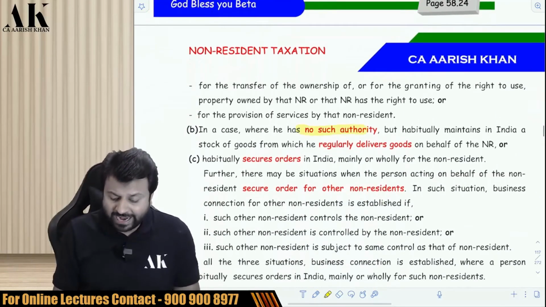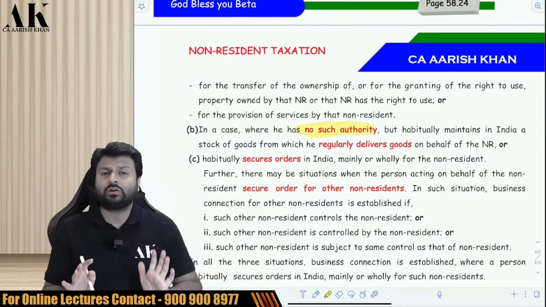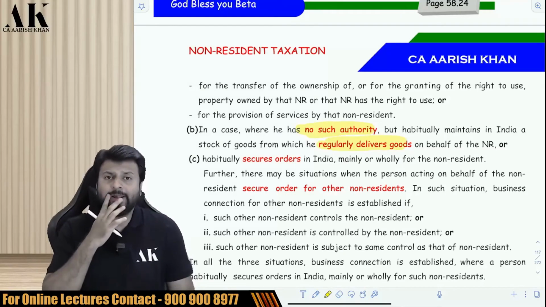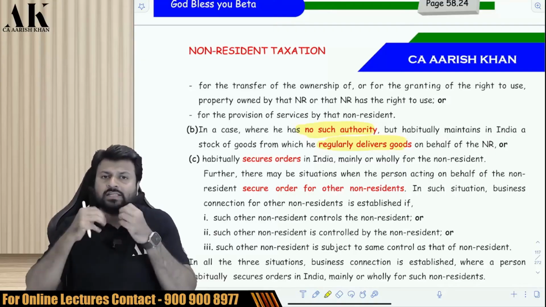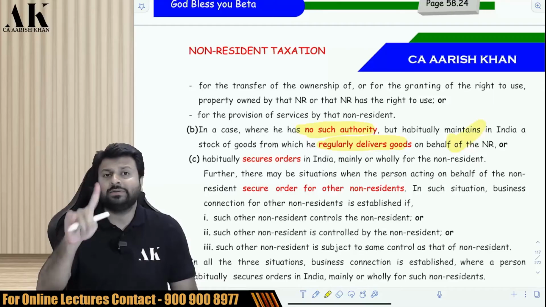Secondly, if that agent does not have any authority to conclude contracts, but he regularly delivers goods on behalf of the non-resident in India, it means that agent is maintaining a warehouse in India through which he delivers goods to the customers of the non-resident. Then also it is a business connection.